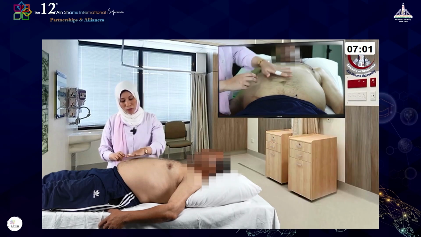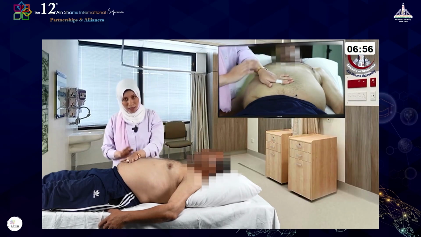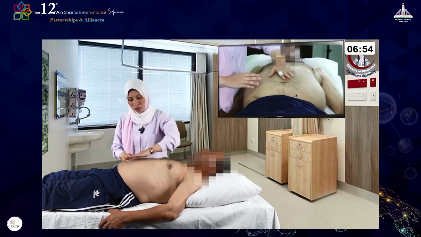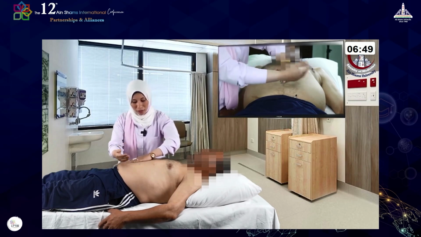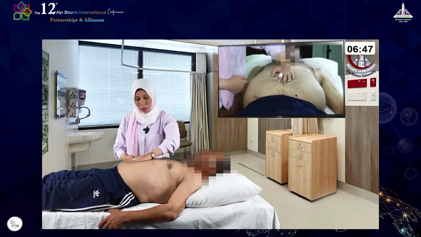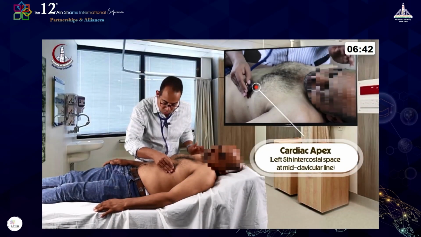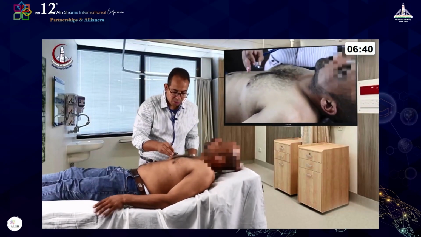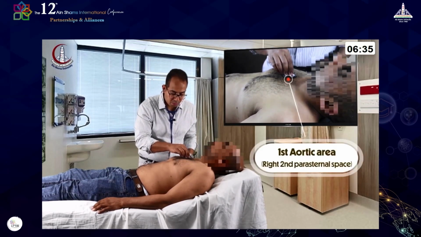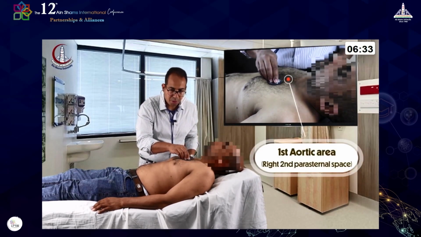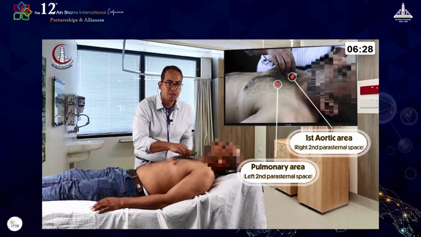So it would be wise to start percussing for shifting dullness above that, and I would move my hand from a transverse position to a longitudinal position, and I would move to the right side and then again on the left side, not going horizontally, but rather in a more inclined pattern. Then you go to auscultate the cardiac base, the first aortic area, and the pulmonary area, comparing the intensity of the second heart sound in both areas.